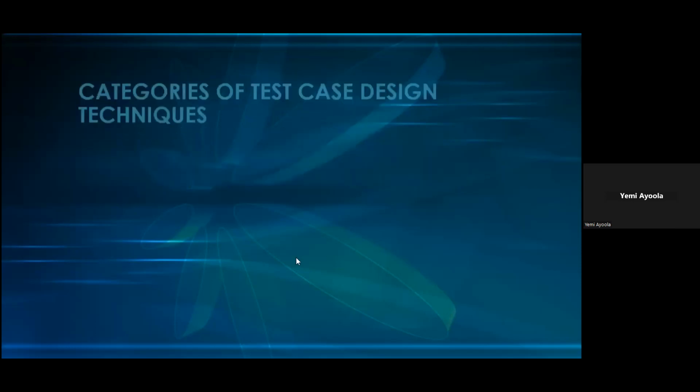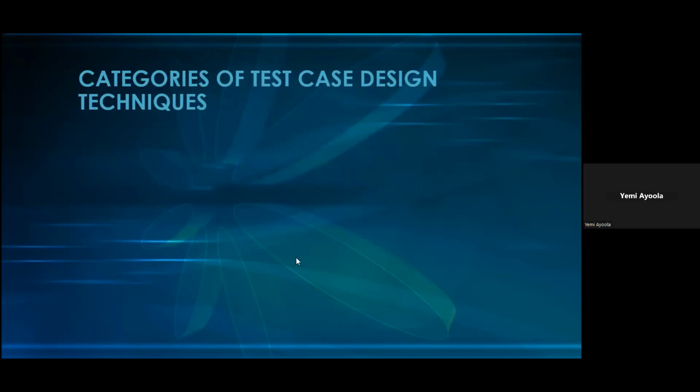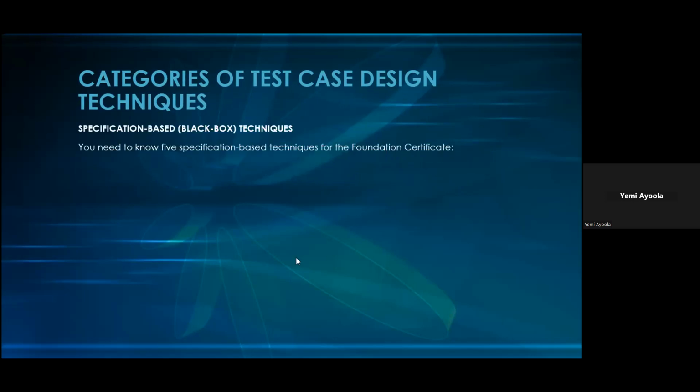So what are these? We start with the categories of test case technique. What are the categories? We've got specification based, which is black box technique. Don't worry, I've just scratched it. I'm still going to explain further.